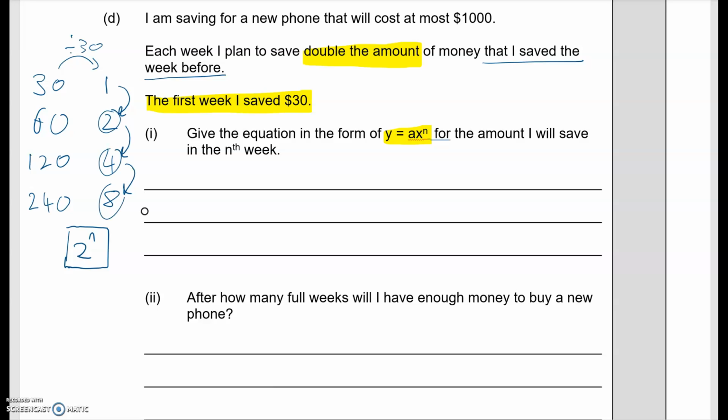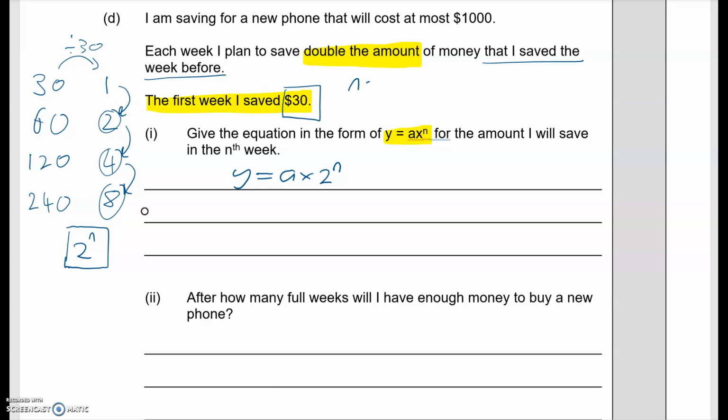2, 4, 8, and this gets bigger. 2 to the power of n is 2, 4, 8, 16. So we're going to have y equals a times 2 to the power of n. And now we need to use our initial condition, $30.